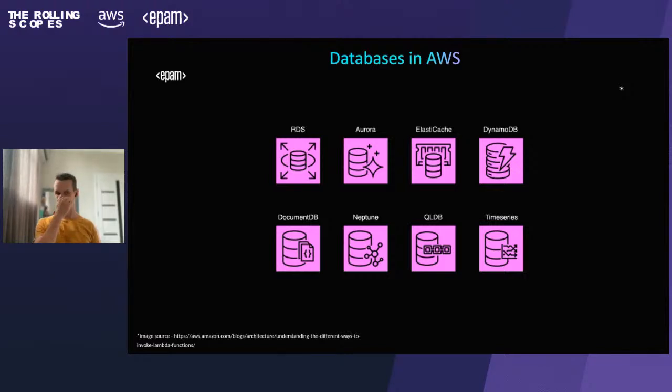I can't say much about QLDB, but only what it stands for, Quantum Ledger Database. It's usually used to store financial transactions. And the point of this database is that none of this data may be removed.